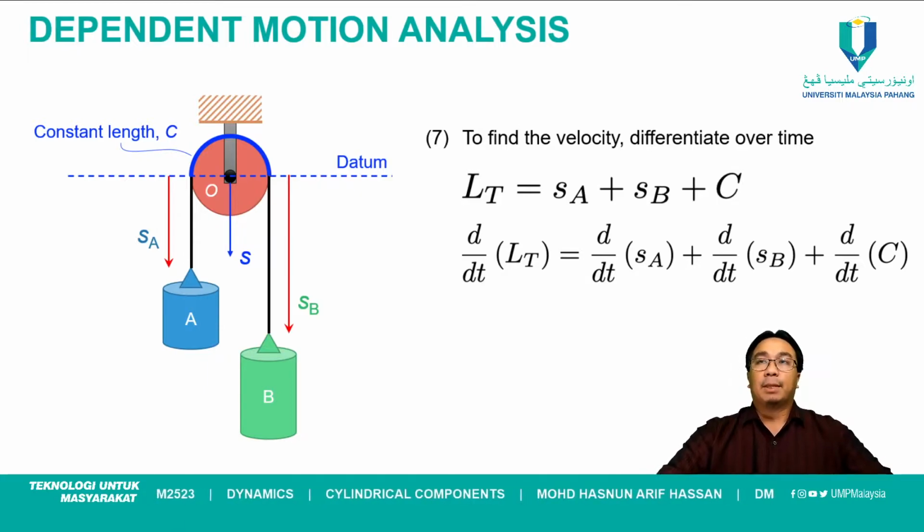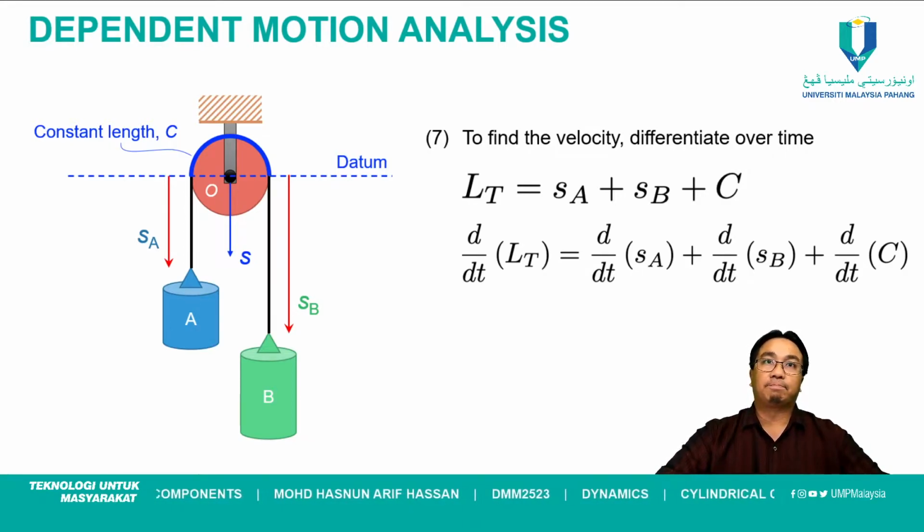Okay. What do you think d over dt of LT ni akan jadi? Differentiate the total length of the cord over time. You akan dapat apa?